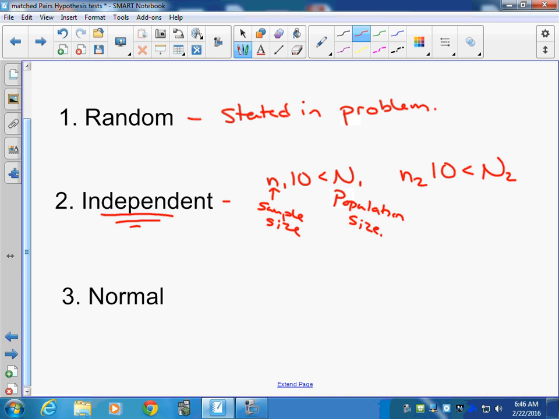But all of a sudden, the second piece that we have to look at is, are the two samples independent of each other? And that's going to be your biggest tip here, is samples will be dependent on each other.